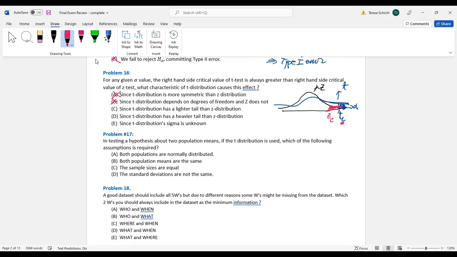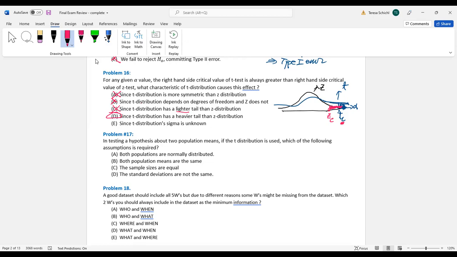Then they said since t has a light tail. Now we know the t has a heavier tail. So that's why we say since the t distribution has a heavier tail than the z distribution.